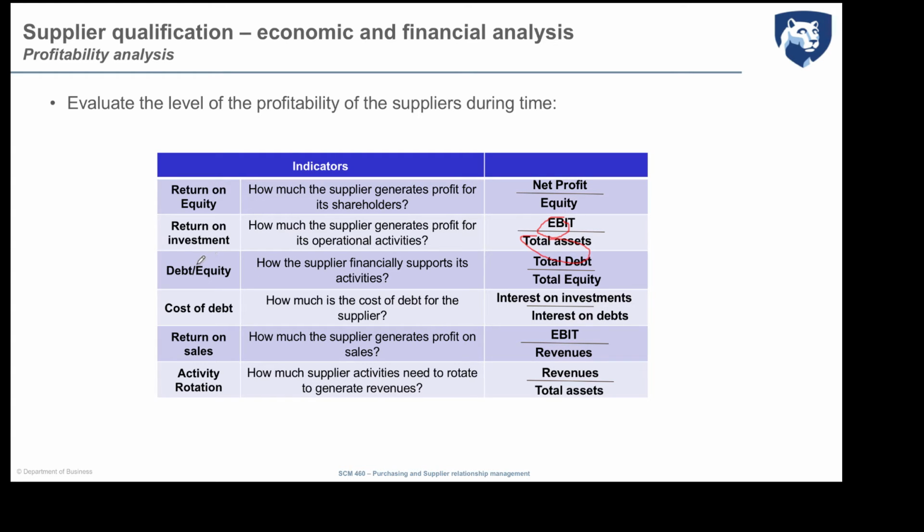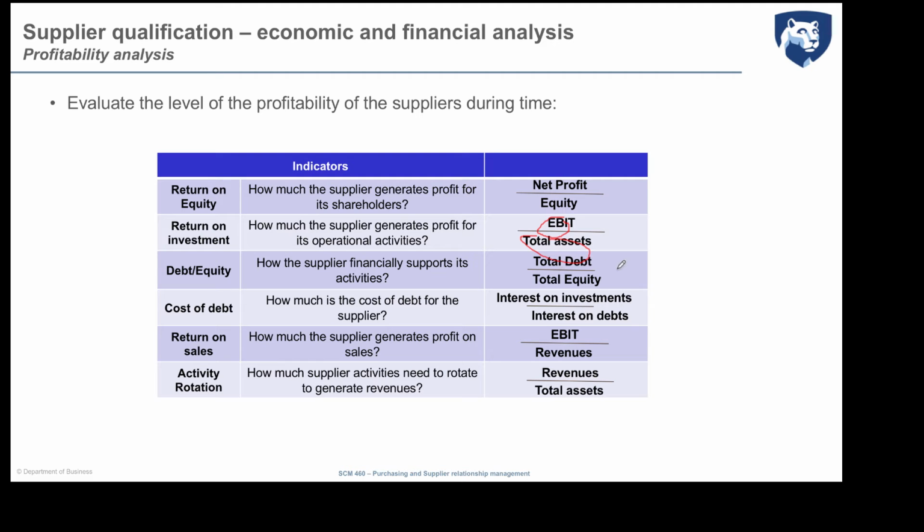Then you have this ratio, which is named debt-equity ratio, which means analyzing how the supplier financially supports its activities. So on the liabilities, the supplier structure is more equity-oriented or debt-oriented.